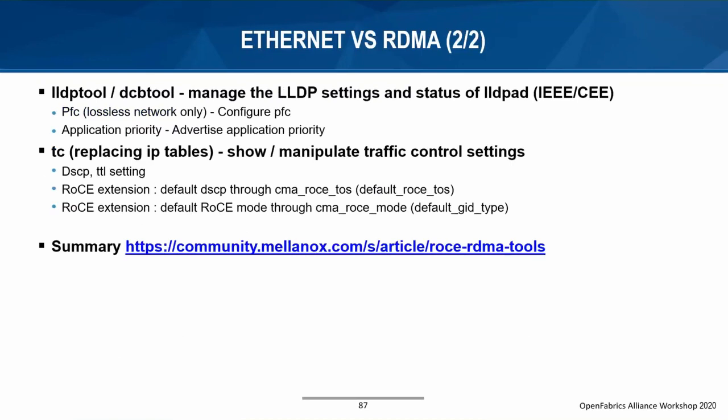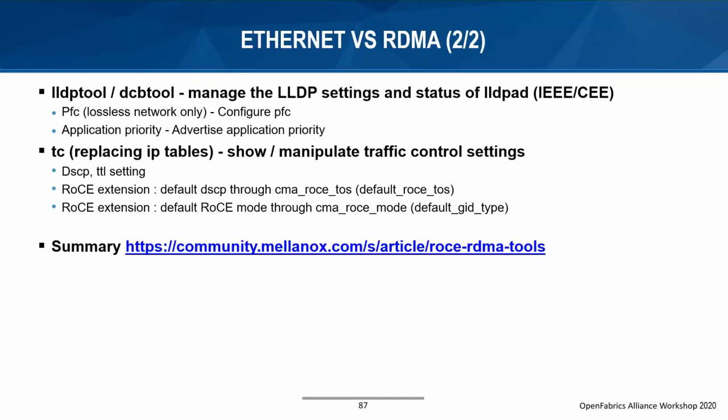The LLDP tool and DCB tool are used mainly for PAUSE, PFC, and application priority. So it's the same tool for Ethernet and RoCE. And if you are using TC, which is replacing iptables, various types of rules which do manipulation of traffic, some of it is supported through tc sysfs, and some of it needs some RoCE extension.